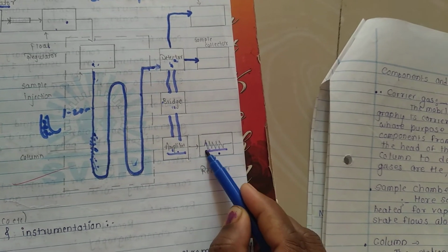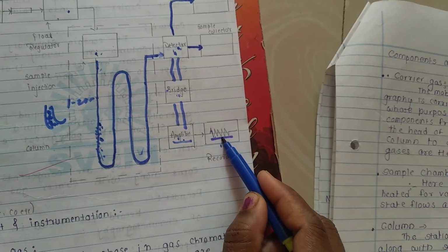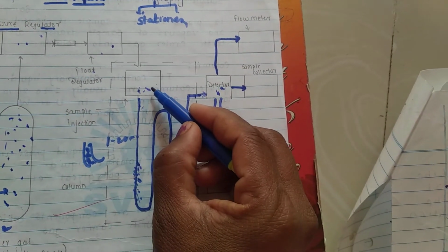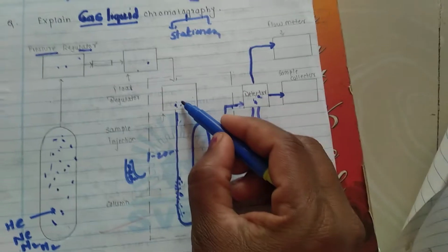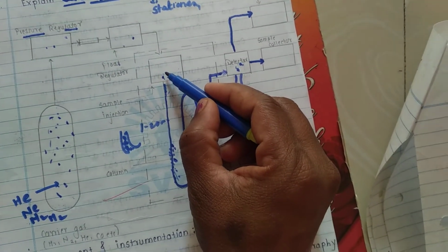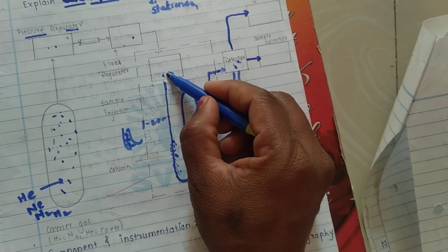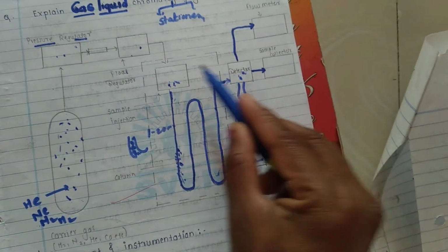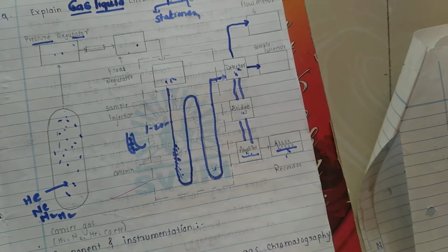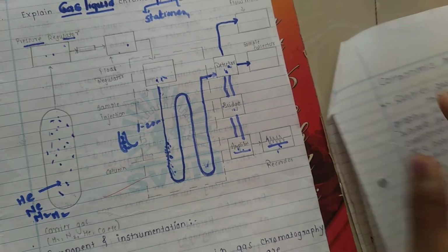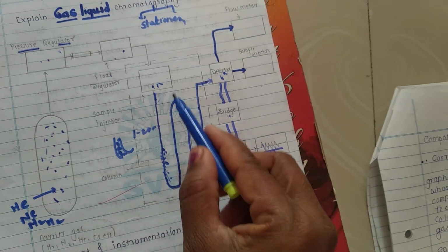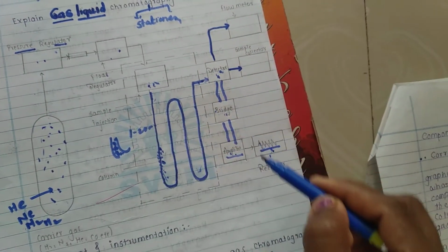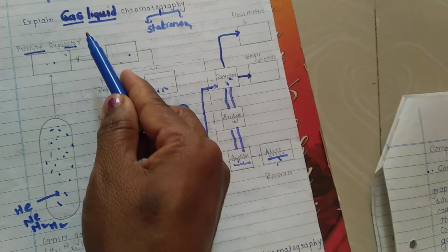From this graph we can identify which chemical is present in the sample injector. Means this method is used for identification of the compound which is present in the sample injector. By using this method, we can easily identify any compound. Consider if we do not know the name of that compound, the name can also be easily identified by using gas liquid chromatography.